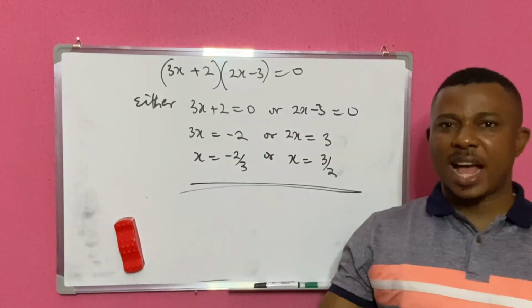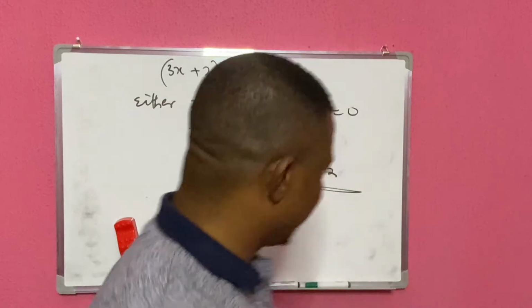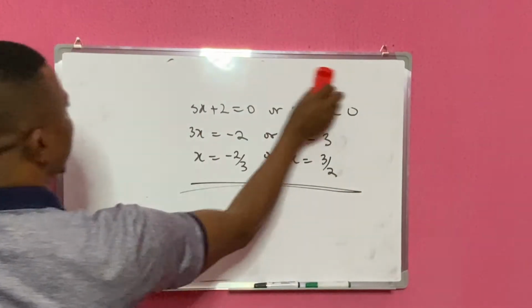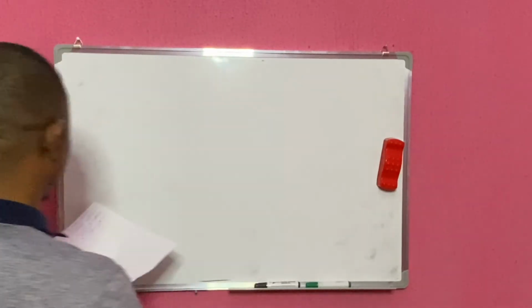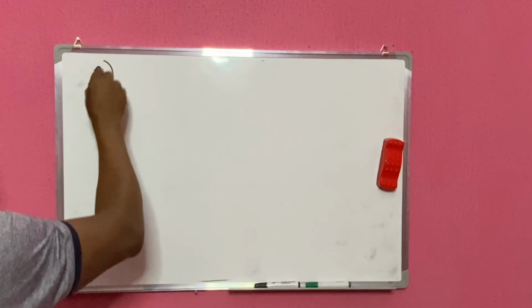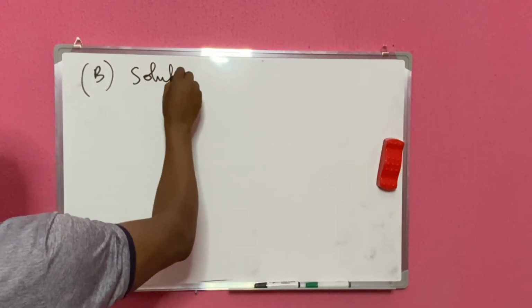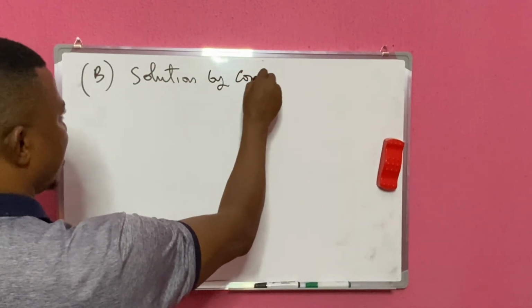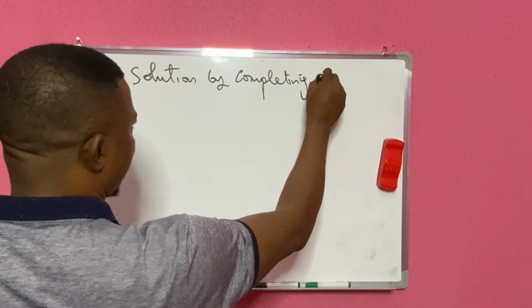We are going to look at completing the square method. B. Solution by completing the square.